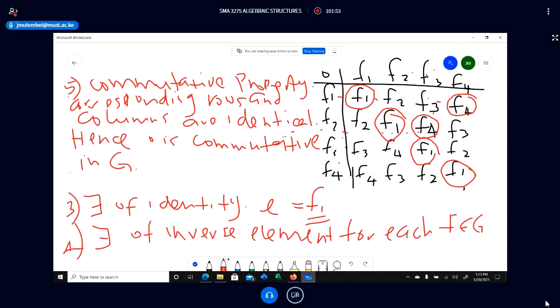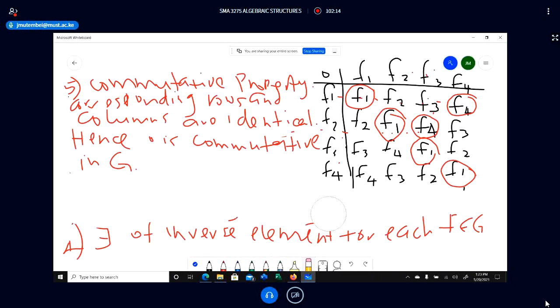And now, having shown all the axioms of an abelian group are satisfied, we can conclude that, therefore, the set G, together with the binary operation of this composite map, is indeed an abelian group.